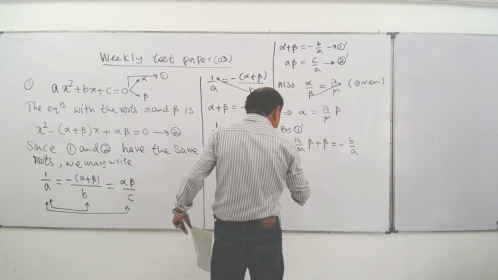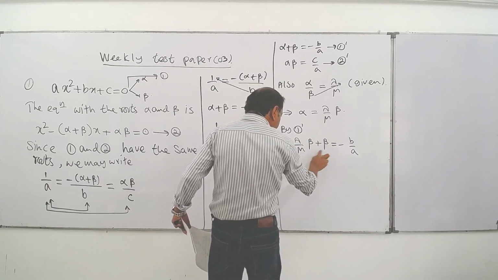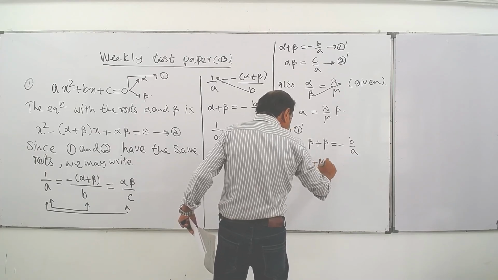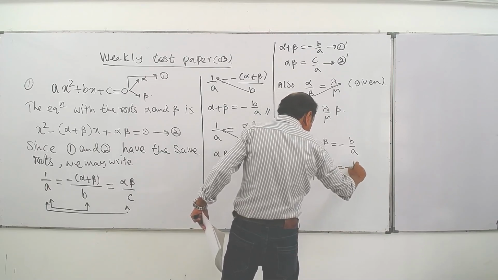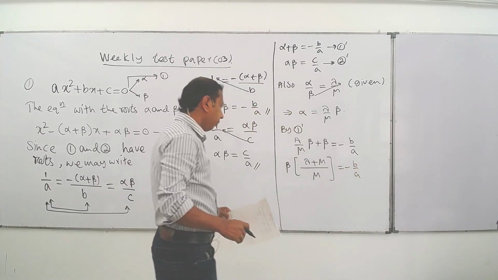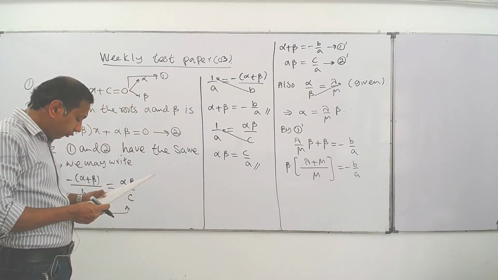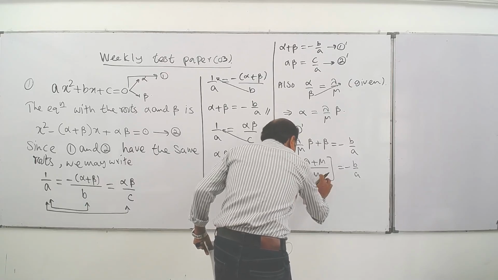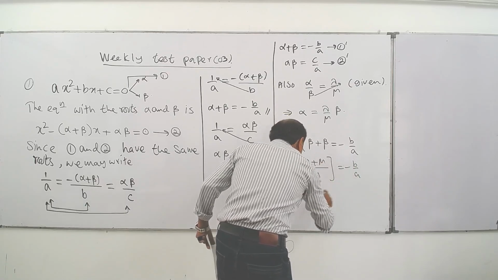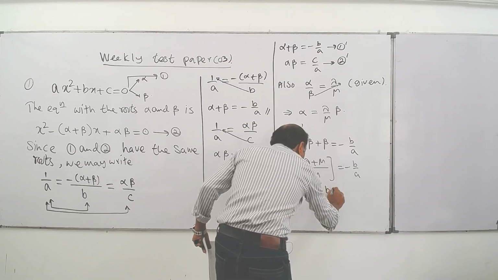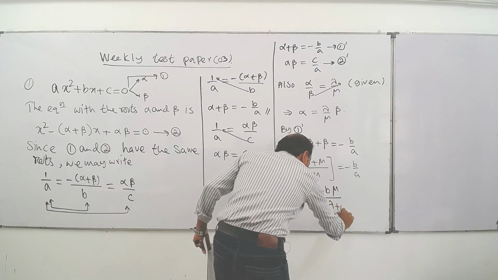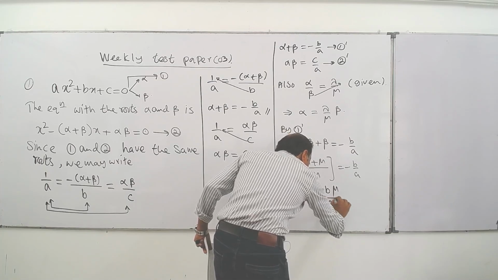Take this beta out and take mu as the common denominator. Here we get beta times lambda plus mu over mu is minus b upon a. Now we make beta the subject: bring this mu here, lambda plus mu here, beta is minus b mu divided by lambda plus mu times a.